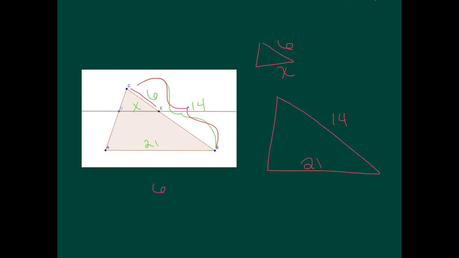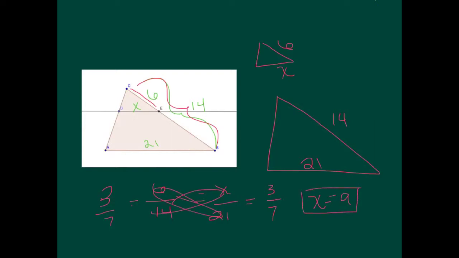We have 6 over 14 is equal to x over 21. This reduces down to 3/7. 21 is 3 times 7, so this must be 3 times 3, which will give us x equals 9. You could also use cross multiplication here if you wanted. Get x equals 9.